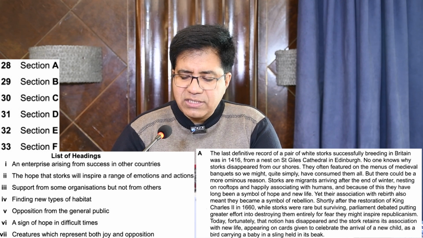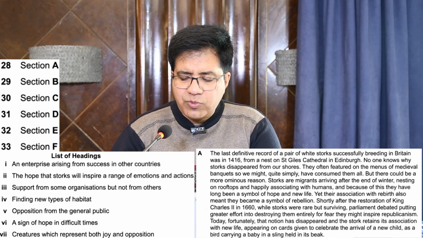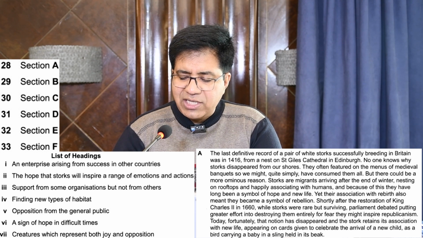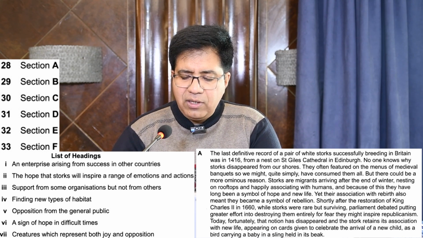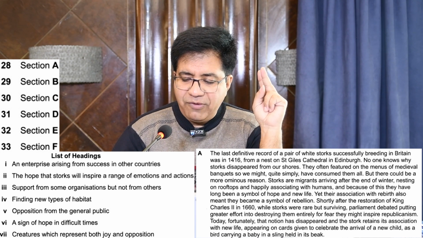Storks are migrants arriving after the end of winter, nesting on rooftops and happily associating with humans, and because of this, they have long been a symbol of hope and new life. Yet their association with rebirth also meant they became a symbol of rebellion. Symbol of new life, symbol of rebellion.